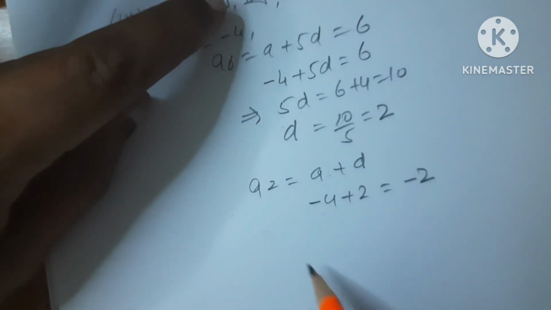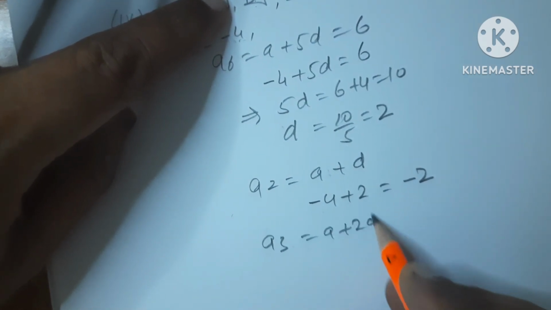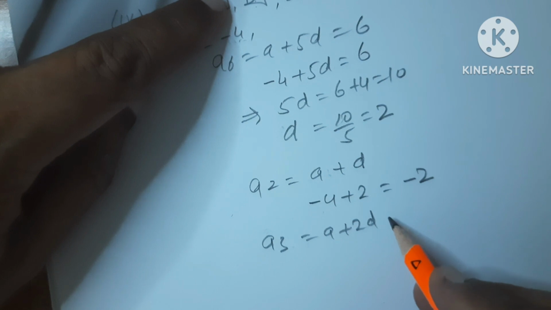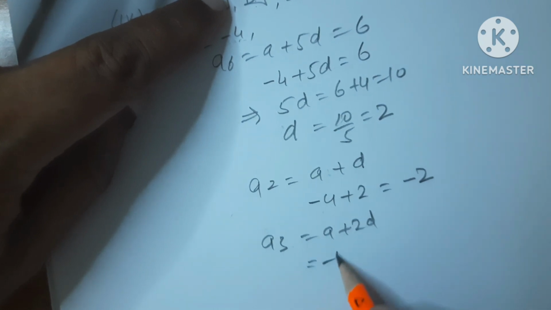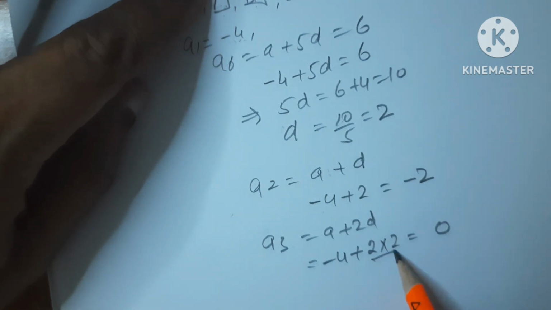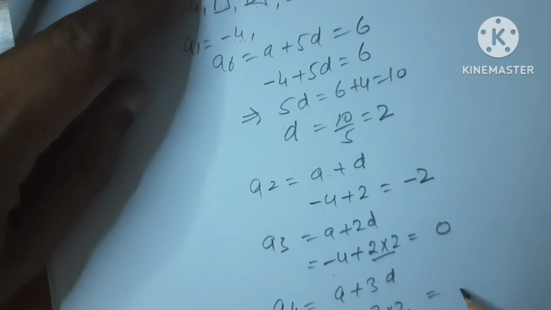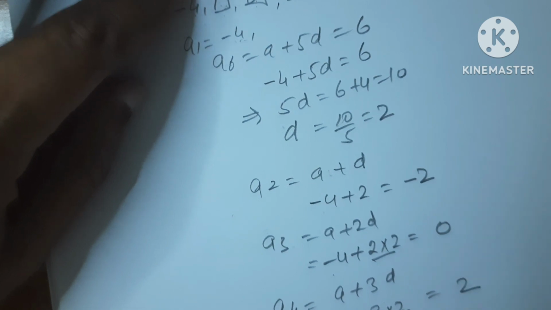Now we'll find out A3. A3 is equal to A plus 2D, which is equal to minus 4 plus 2 into 2, which is equal to 0. A4 is equal to A plus 3D, minus 4 plus 3 into 2, which is 6 minus 4, equal to 2.